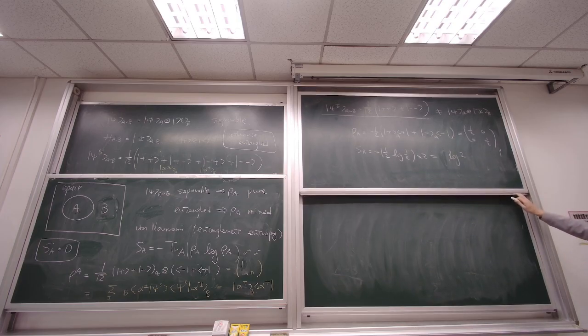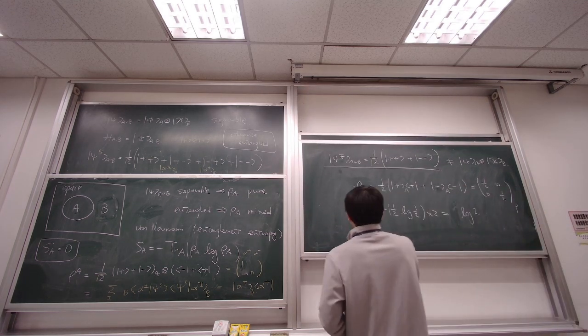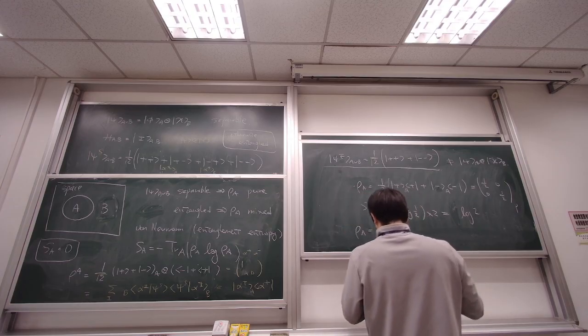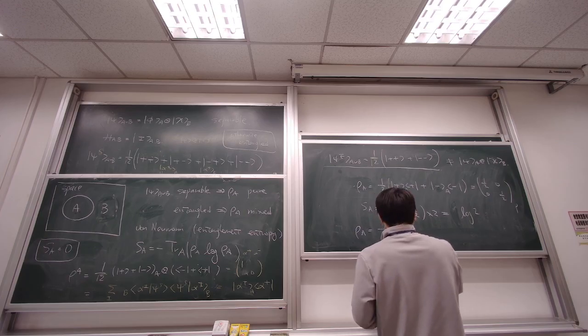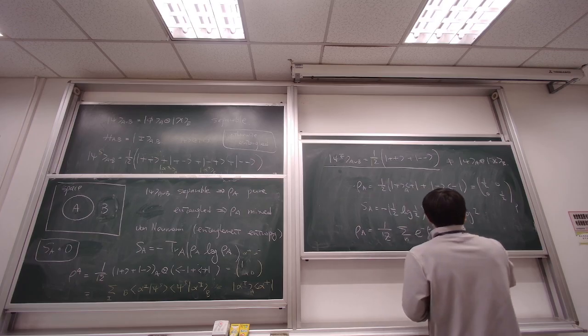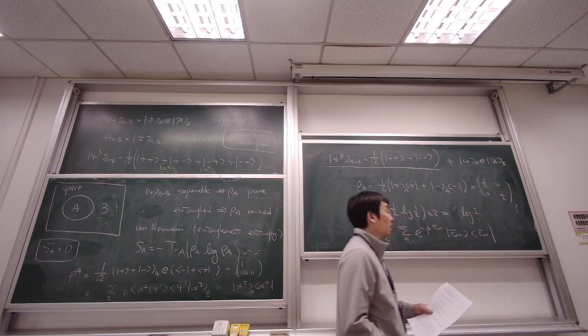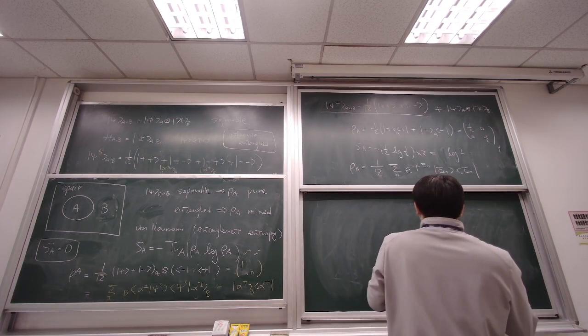Okay, so suppose we have rho A is something like 1 over Z, sum over n, e to the minus beta E_n, |n><n|. Suppose like this, you can write down a thermal state, and then it's super easy to write down.